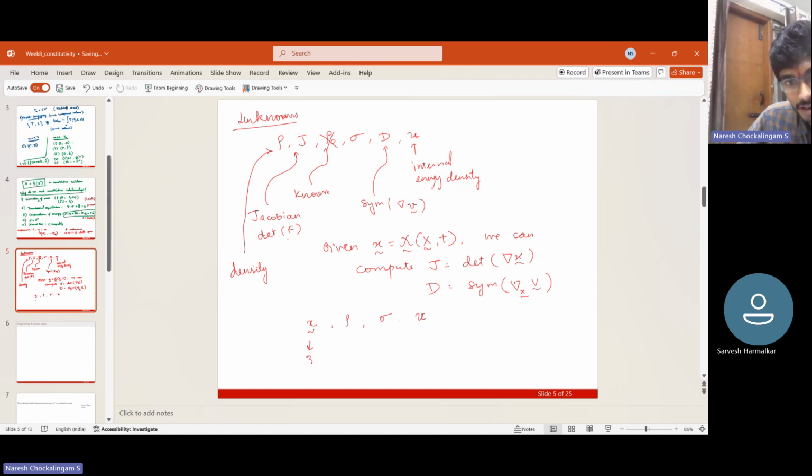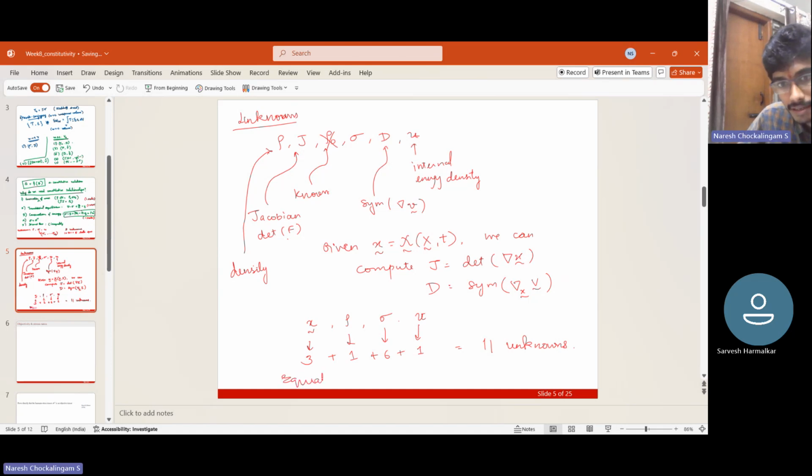So chi has got 3 components. This is a scalar. This has got 6 components if you consider symmetry. This has got 1. So we have in total 11 unknowns. But how many equations?